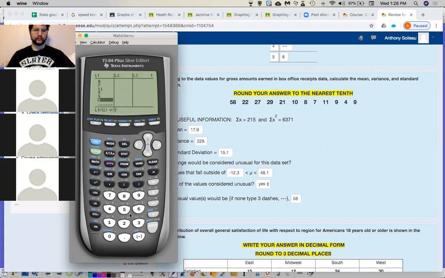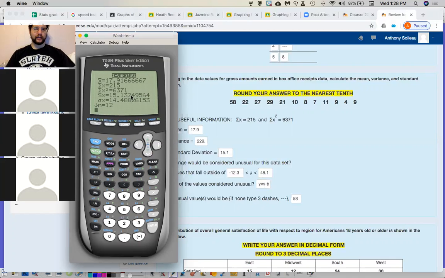And I got 12 data values, so I'm good. Second mode to get out of there. And then I'm just going to run a 1 variable statistics. Stat, go to the right to calc, 1 variable statistics. And just hit enter a few times. 17.9 for my mean. Standard deviation is 15.1. And it gives you your 5-number summary down there as well.